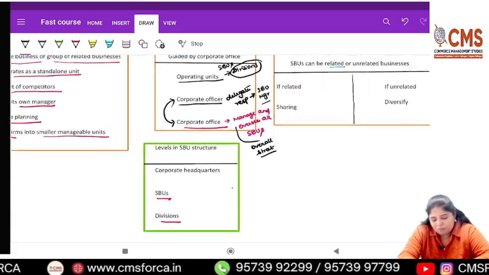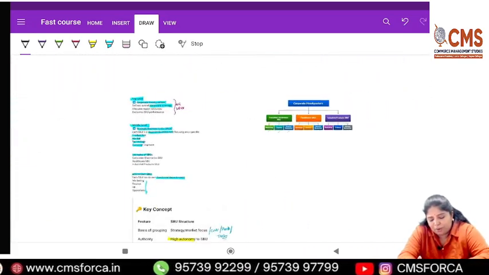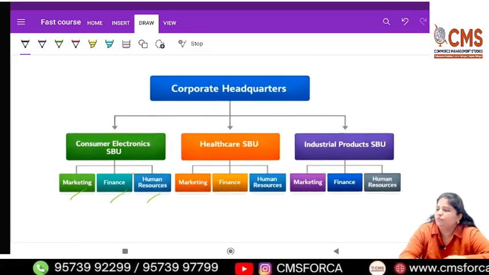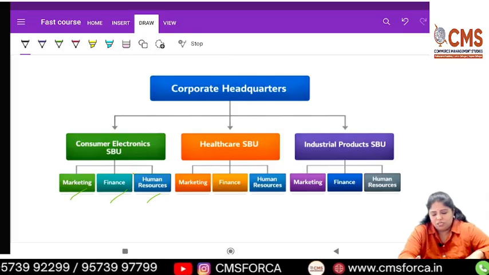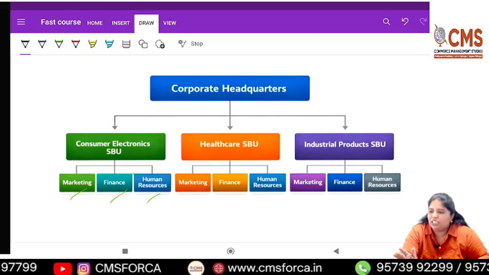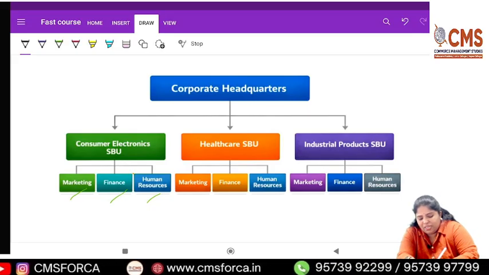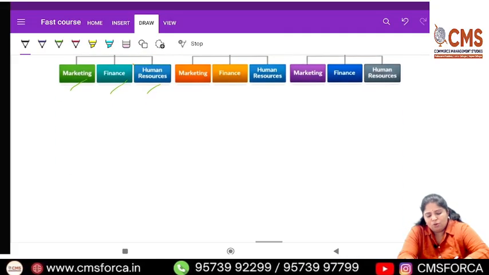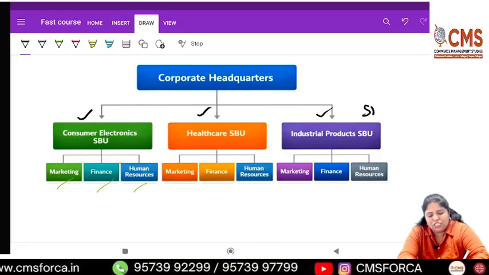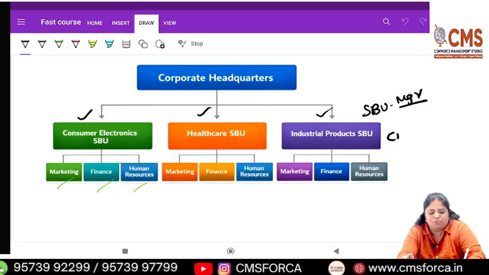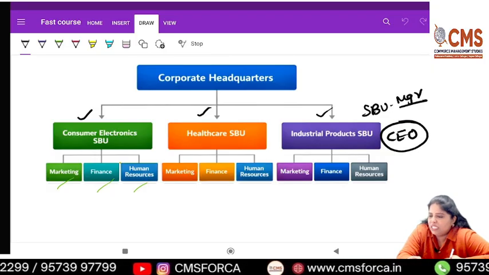For understanding the structure better, go through this. So, what do we have on the topmost level? Corporate headquarters. And under corporate headquarters, we have SBUs. Each SBU will have its own SBU manager, or SBUs can also have their own CEOs.